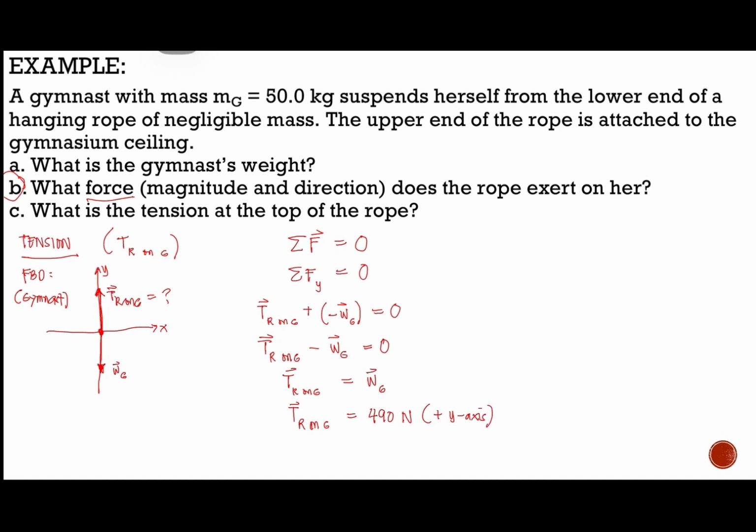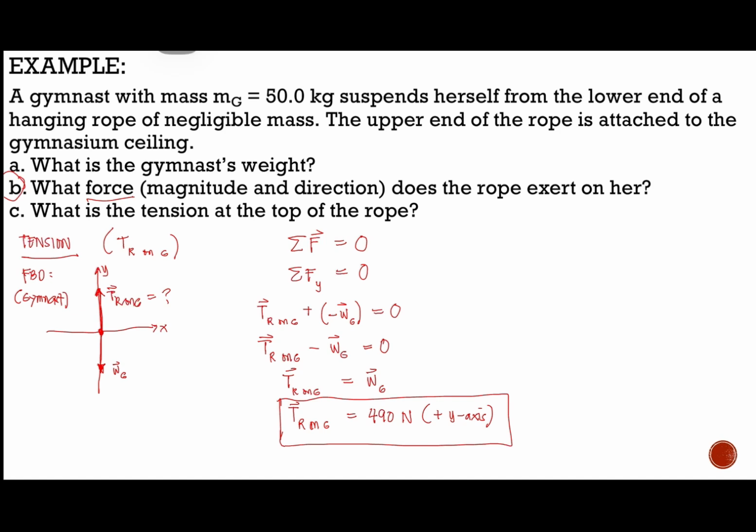So, magnitude and direction. The magnitude is 490 newtons, and the direction is along the positive y-axis. So this is the tension force that the rope exerts on our gymnast. So that is for letter A.